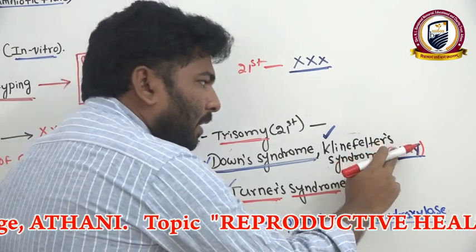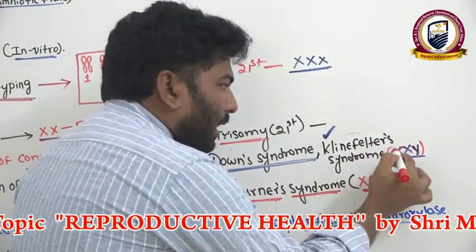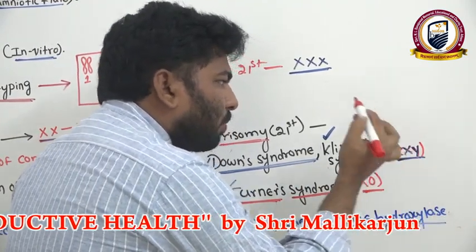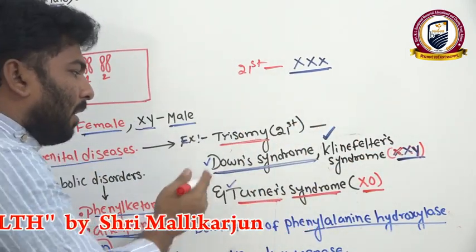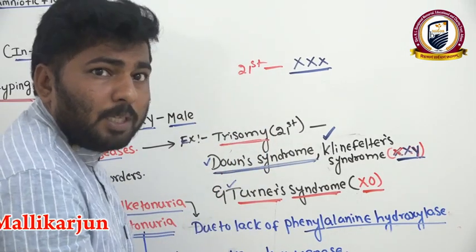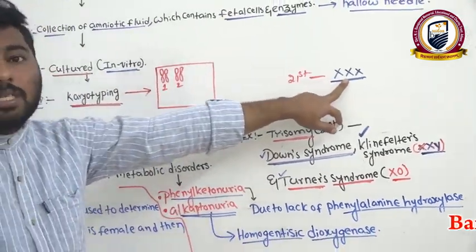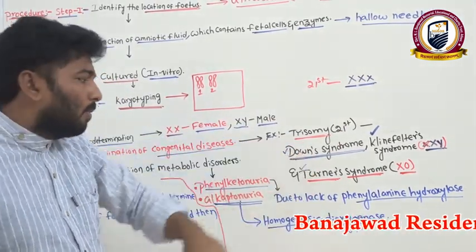Here what happens? An extra X chromosome is there in the male. X and Y is male we can say, but here two X chromosomes are there. That's why the male is behaving like a female. But in case of Down syndrome, one extra chromosome is present. In the pair, two chromosomes are there, but in this case, one extra chromosome is there, that is causing the Down syndrome process.